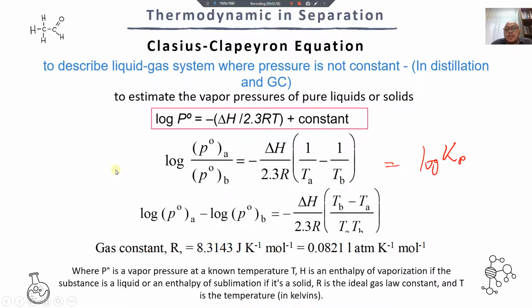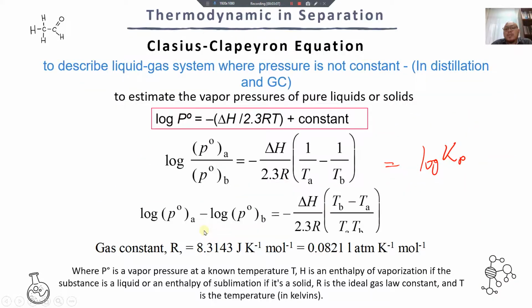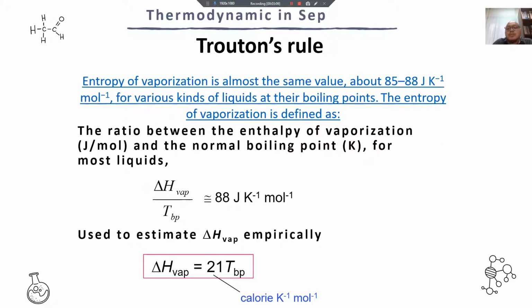As we know previously, in this particular equation, at equilibrium G equals 0, which means the system is already at equilibrium, so we want to focus only on the enthalpy of vaporization.